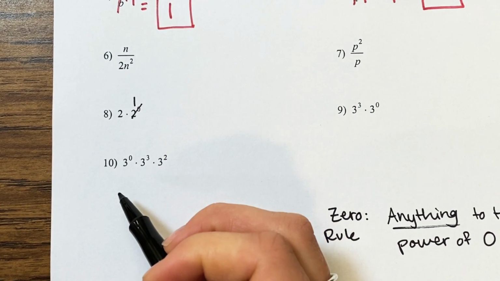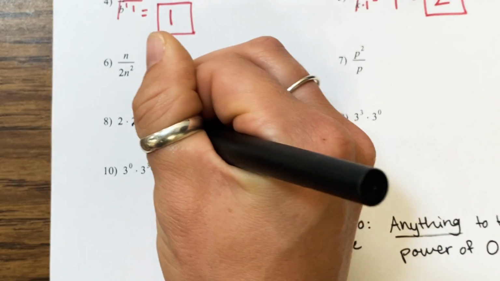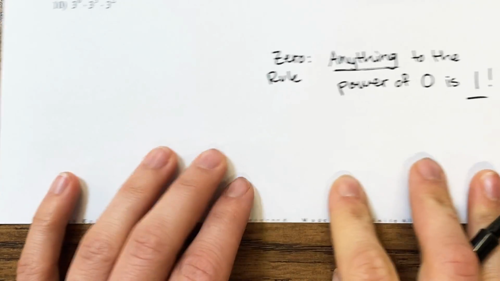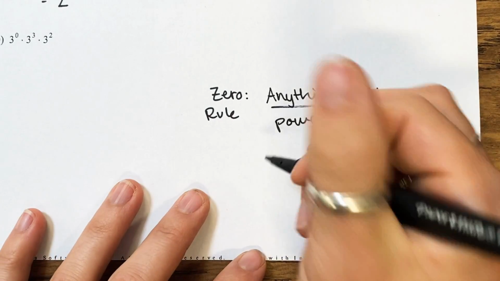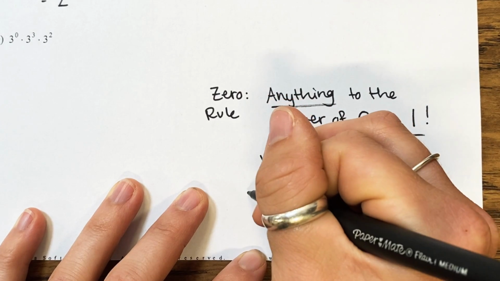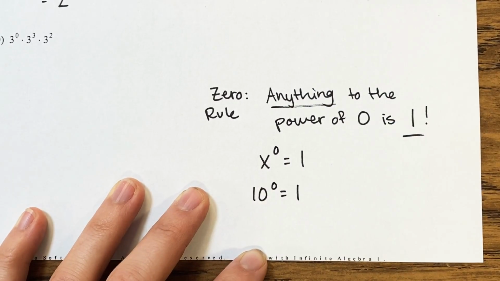Okay, well now let's solve it. What is 2 times 1? It's just 2. See how easy that is? Okay, anything to the power of 0. Let's go back to our definition. It can be x to the 0, that's going to equal 1. It can be 10 to the 0, that also equals 1.